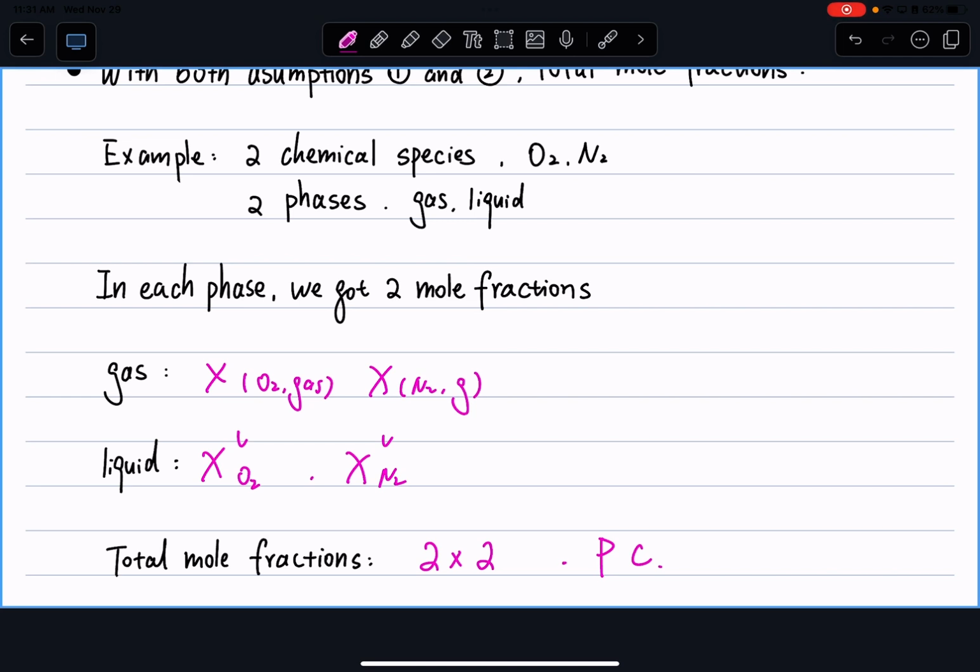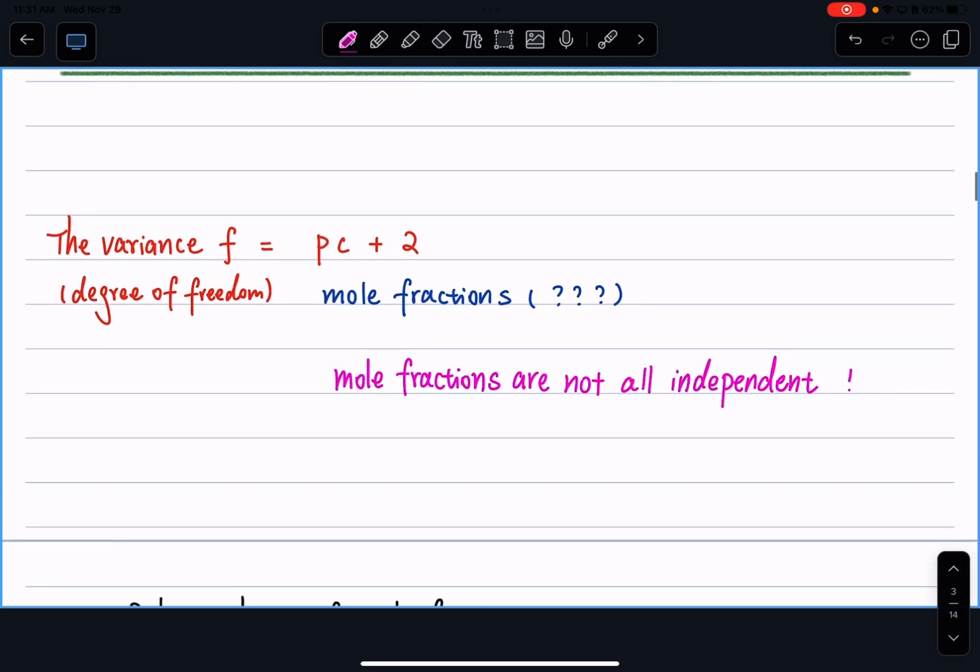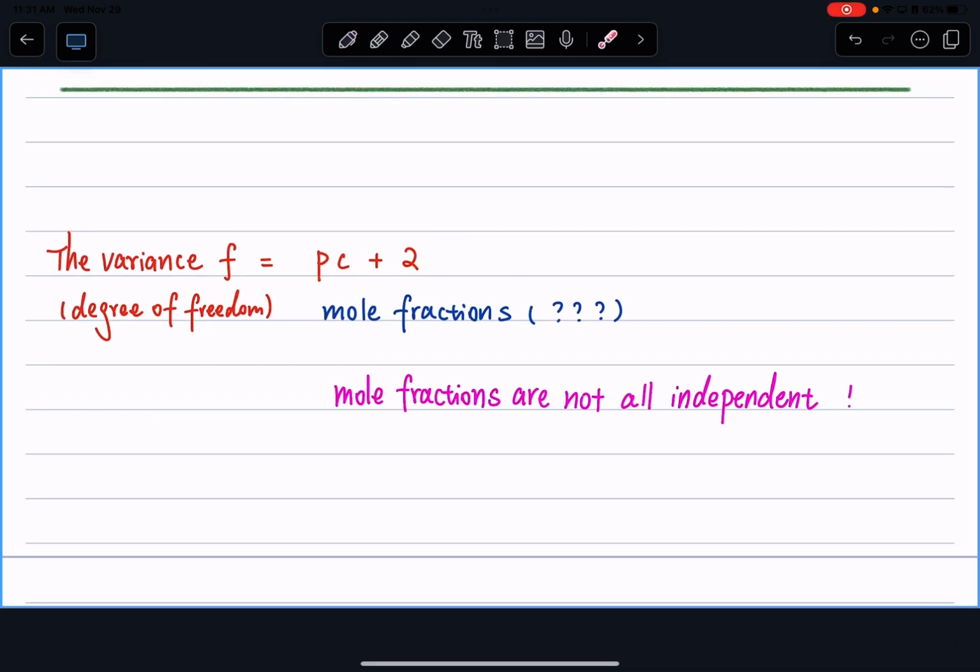So, is that the end of the story? Once we know the number of moles of every species in each phase, we are already defining that mixture. So is it true that the variance just equals the total number of possible mole fractions plus two, for temperature and pressure?